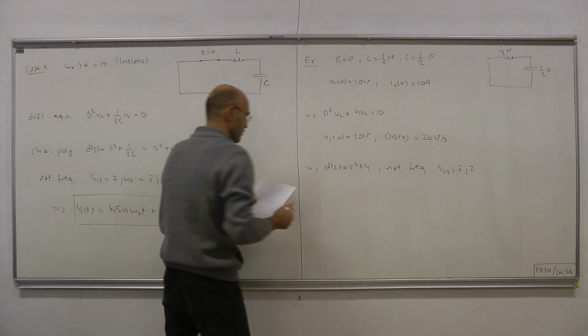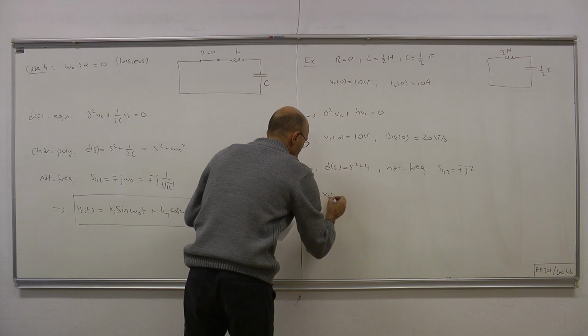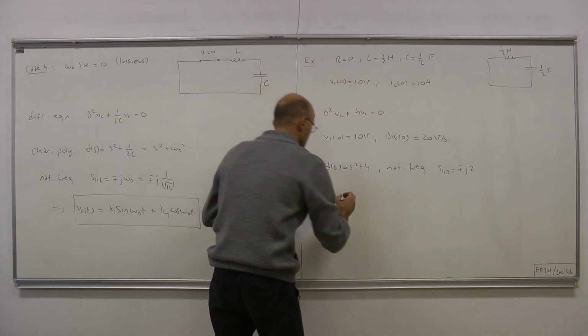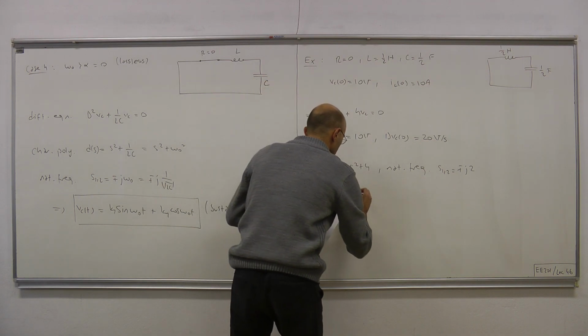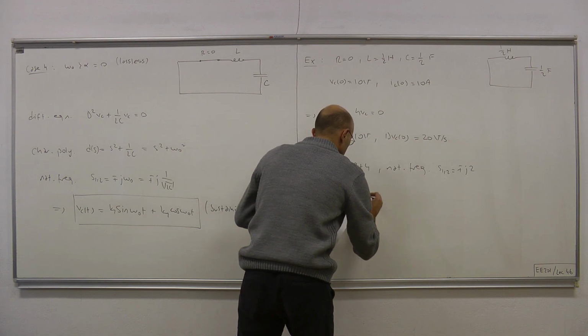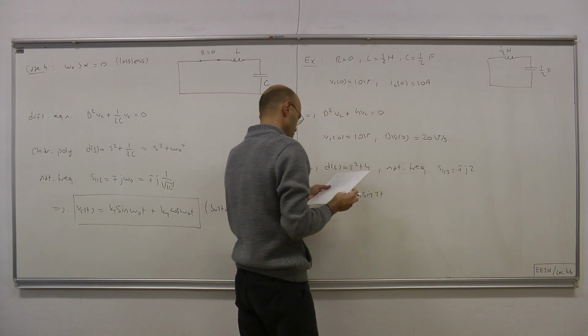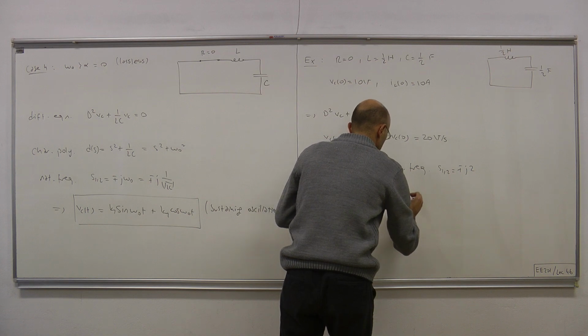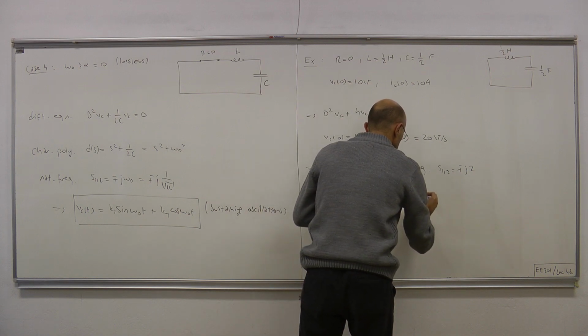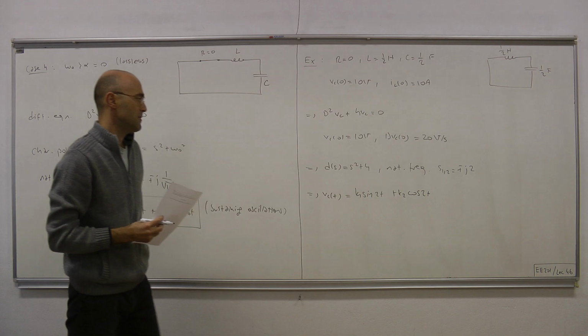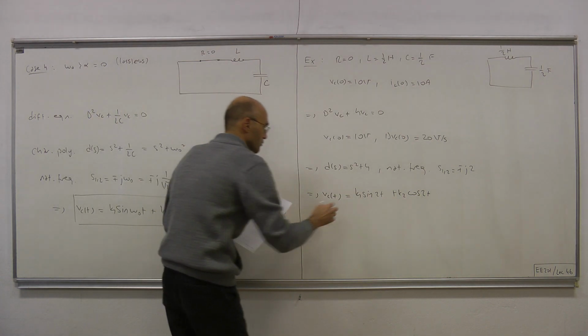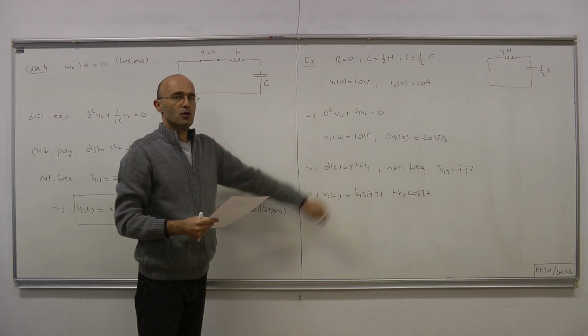Therefore, VC(t) equals K1 sine 2t plus K2 cosine 2t. To figure out K1 and K2, we use initial condition constraints.